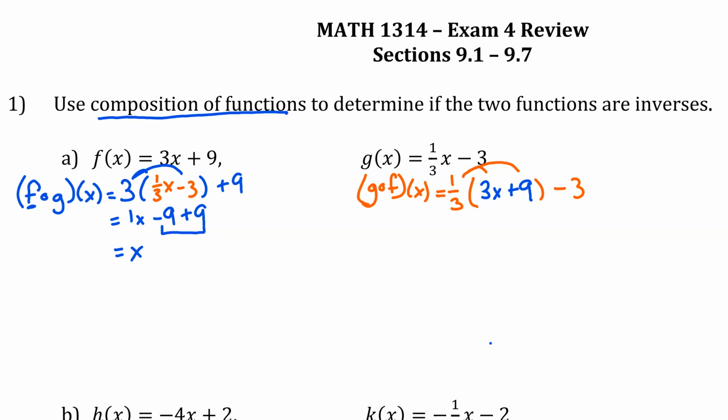Multiplying by a fraction is similar to dividing by this denominator. So think of this as 3x divided by 3, which would just be a 1x. 9 divided by 3 would just be a 3. And then I would have this minus 3 out here. So this 3 minus 3 would subtract out, leaving me with just an x.